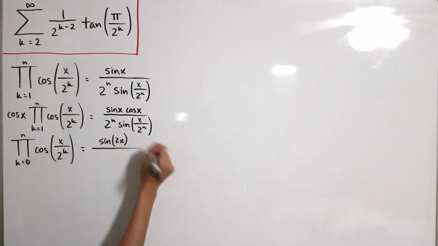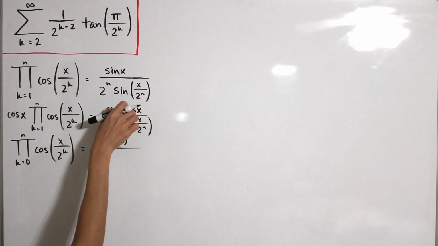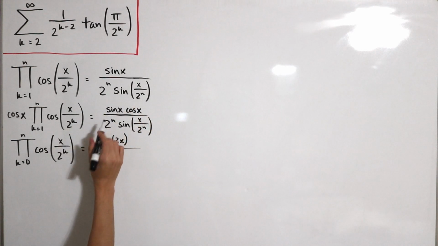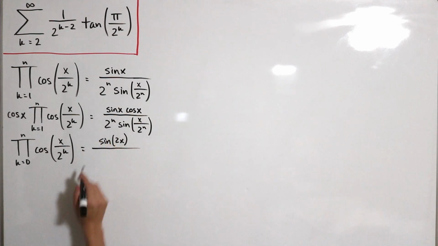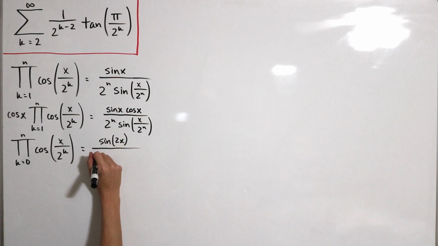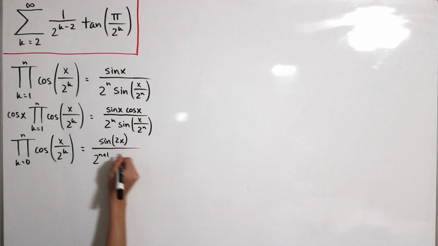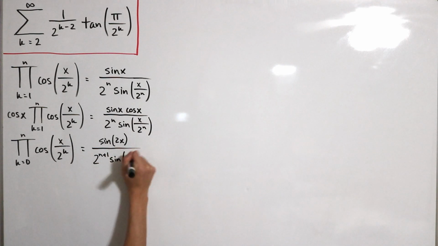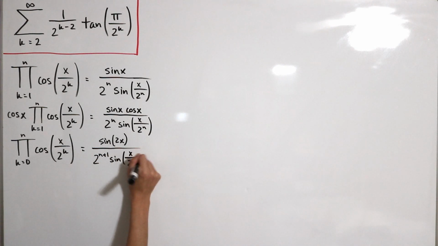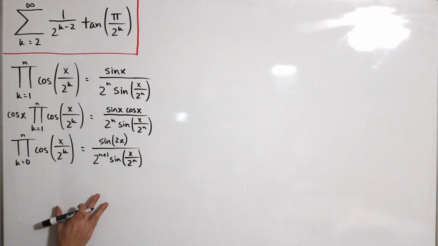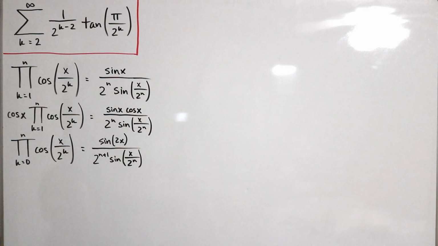Since I divide by a 2, that changes our base here to add plus 1 to the exponent. So we have 2 to the power n plus 1 of sine of x divided by 2 to the power n. So that's good, that's what we got. Now from there, let's take the natural log of both sides.